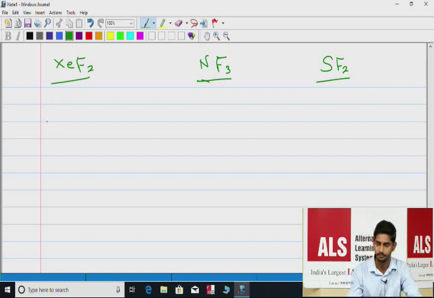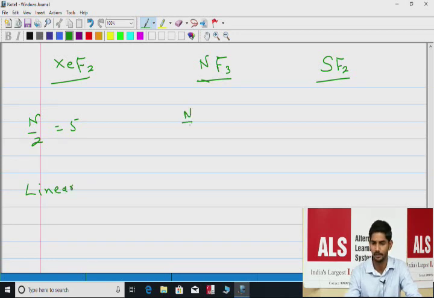See, here n by 2 would be 5, and whenever you solve it, you will get linear. Here n by 2 would be 4, so if you solve this, you will get pyramidal.